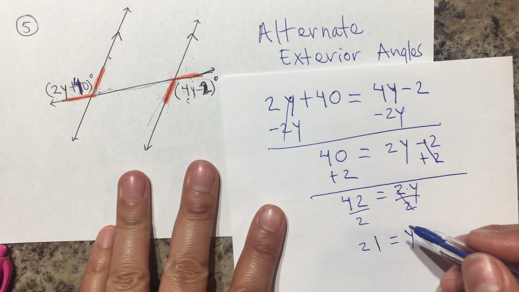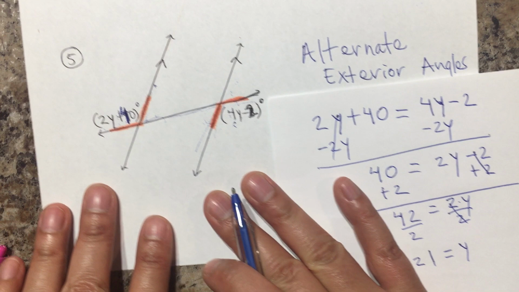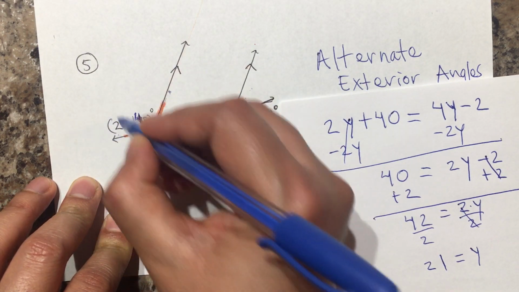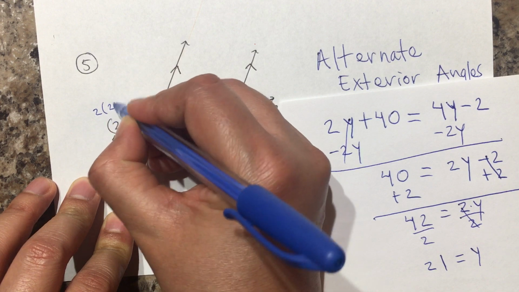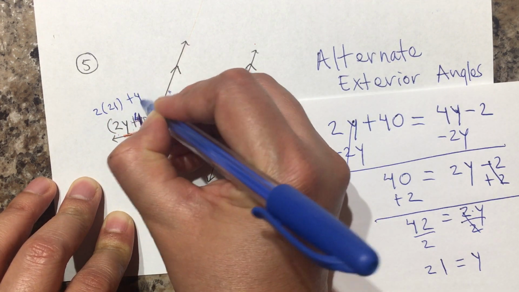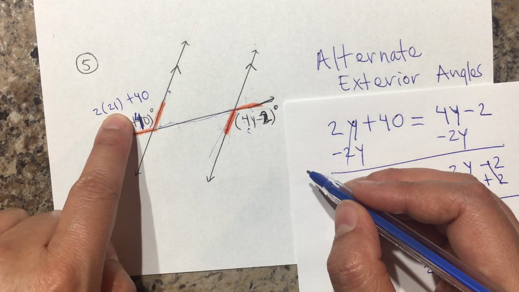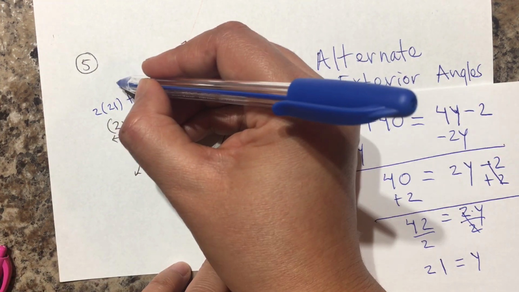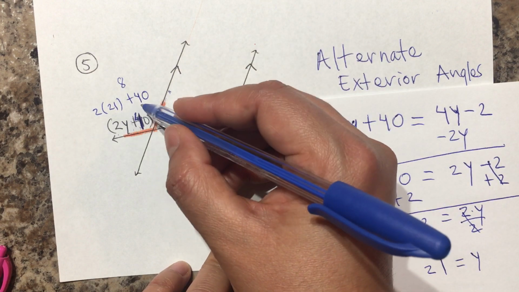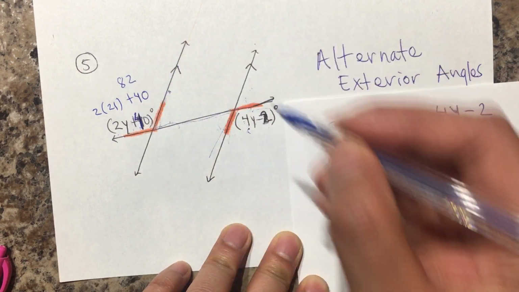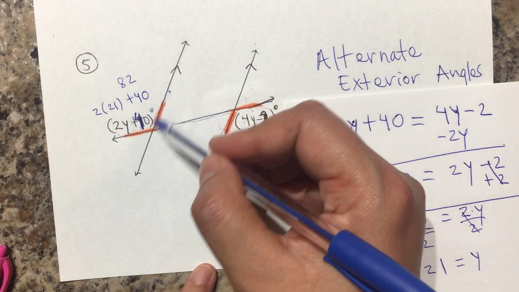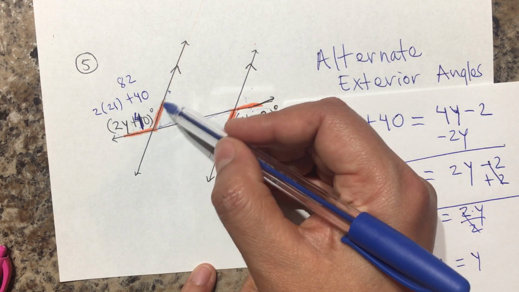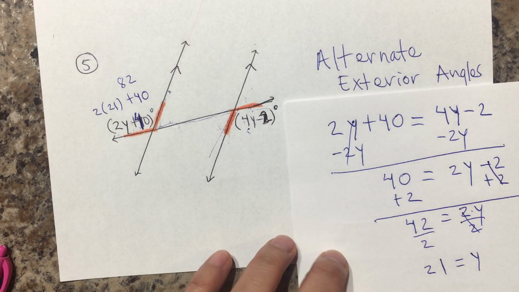So now we can substitute that value just to check to see that they are congruent. And so 2 times 21 plus 40. 2 times 21 is 42 plus 40, that's 82. And you can see that this is not to scale, because in reality it looks like it's more than 100.